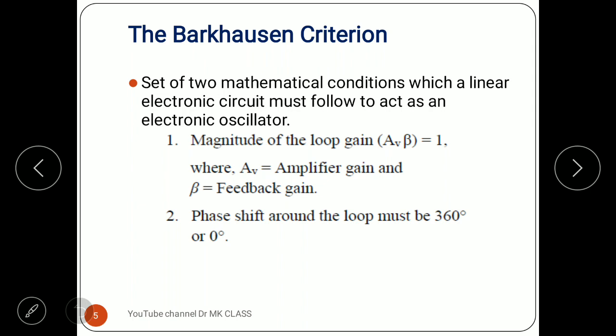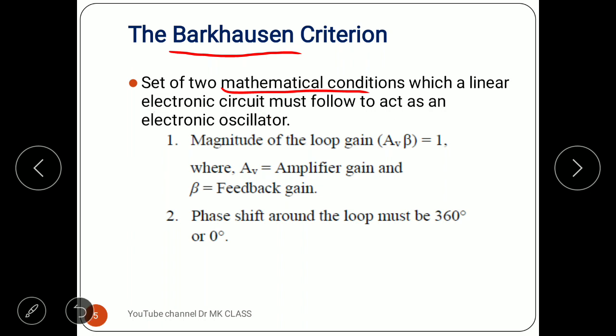You can note this down and write it two times to get practice. The Barkhausen criteria are the two mathematical conditions which a linear electronic circuit must follow to act as an oscillator.